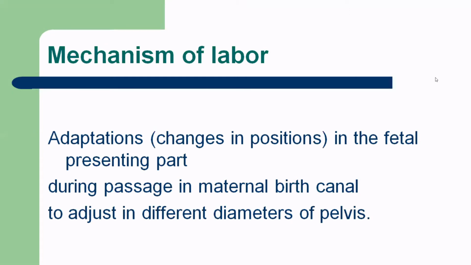And the fetal head passes through that inlet and comes out through the outlet, so it has to change its position because of the difference in the diameters. So this is just the changes in position of the fetal head during passage through the bony pelvis.